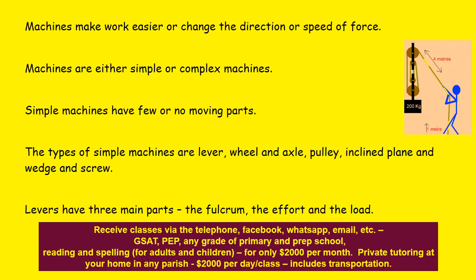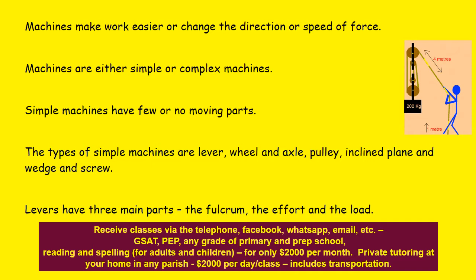The types of simple machines are lever, wheel and axle, pulley, inclined plane, and wedge and screw. Levers have three main parts: the fulcrum, the effort, and the load.